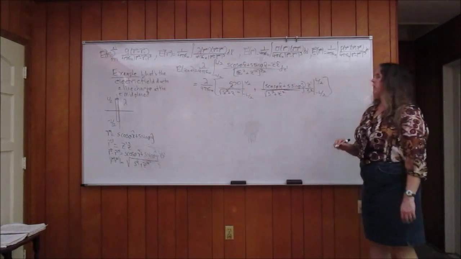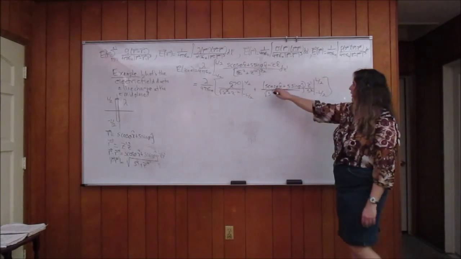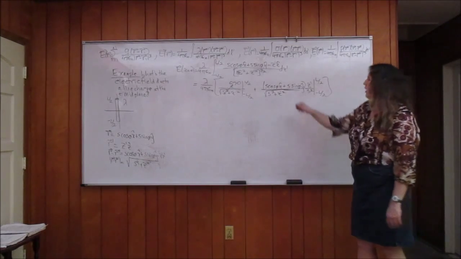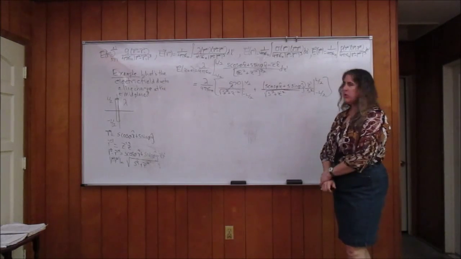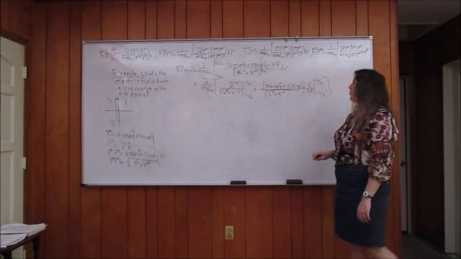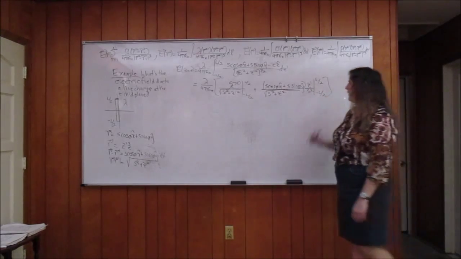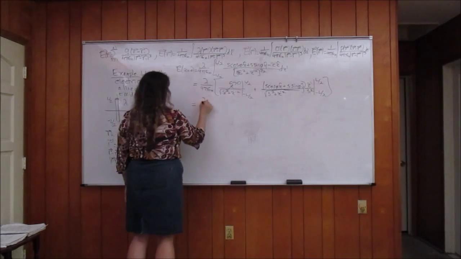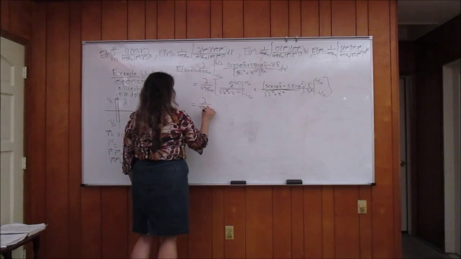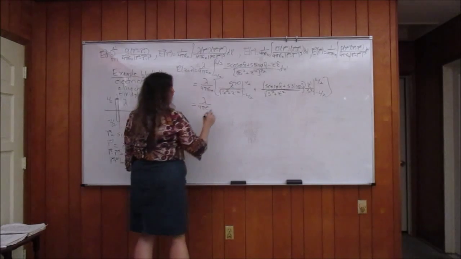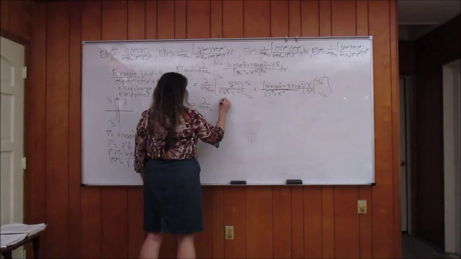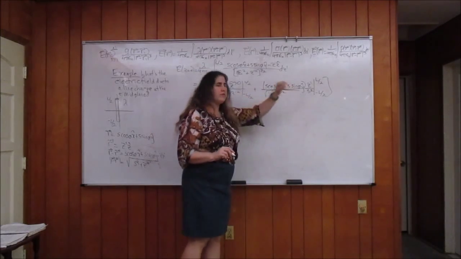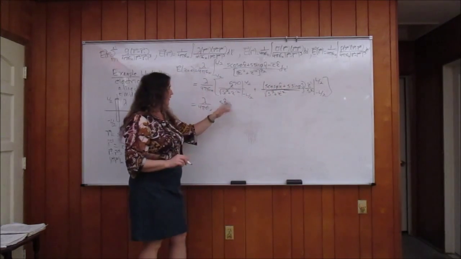The x and y terms give rise to non-zero contributions, so you'll have s cosine phi in the x direction plus s sine phi in the y direction, all over square root of s squared plus z prime squared times z prime over s squared. Now we just need to evaluate this at minus L over 2 and L over 2. And also I am going to replace this cosine phi in the x direction plus sine phi in the y direction by s caret.